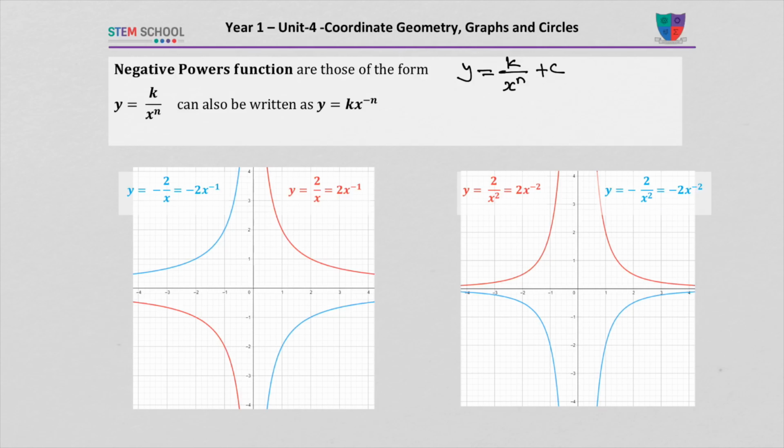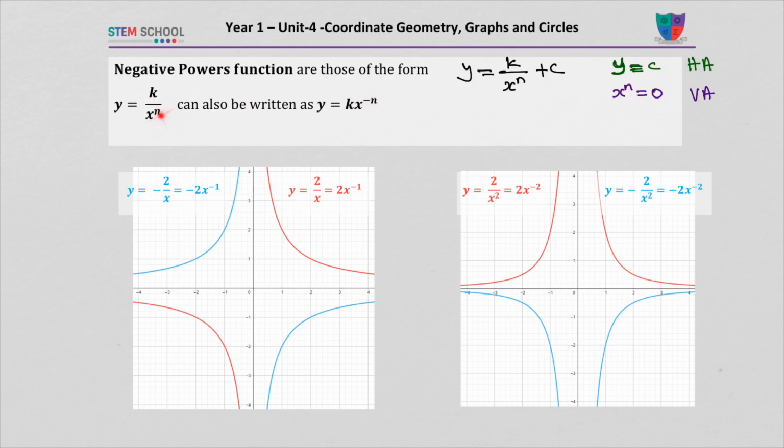Again, they have lines of asymptote, where y equals c is the horizontal line of asymptote, and where x to the power of n is set to 0, the bottom is set to 0, that's the line of asymptote. Again, these are the horizontal asymptote and these are the vertical asymptote.